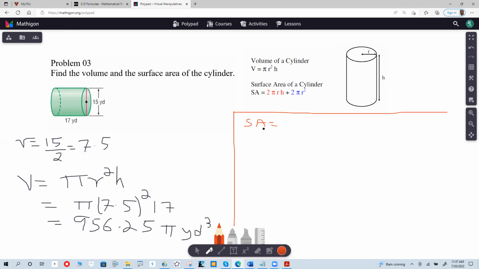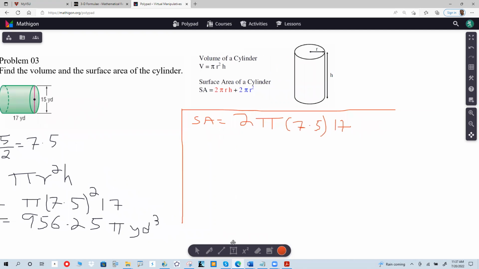I'm going to say surface area is equal to 2 pi r, where r is 7.5, not 15. H is the height, which is 17. And I'm going to squeeze it that way. And 2 pi is pi. R is 7.5, but squared. Why?